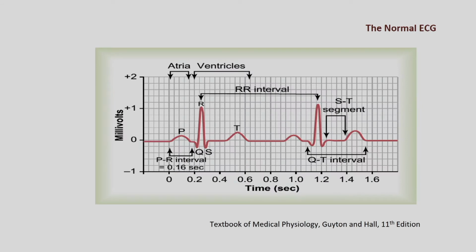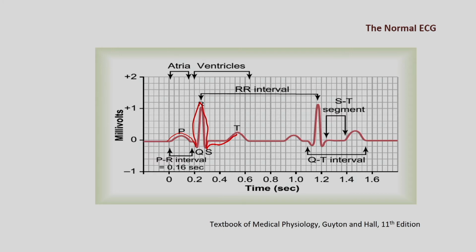This is what a common ECG graph looks like. This is P, Q, R, then it comes down to S and then goes up as T. This is the PQRS component.